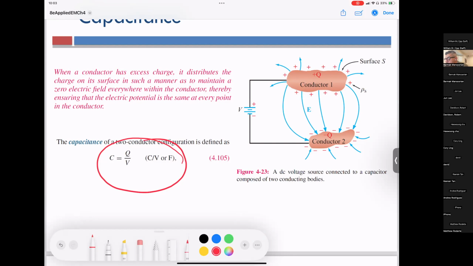That's really all there is to it. Capacitance comes from that definition. No integrals, nothing like that. That's the sum total of it.